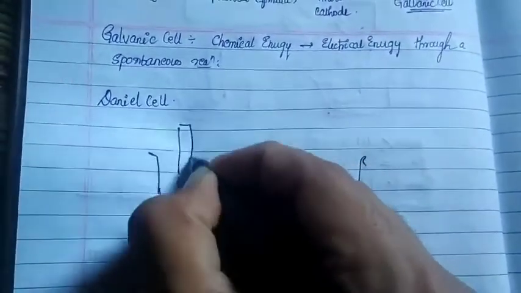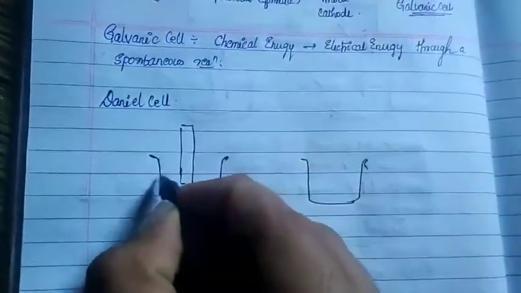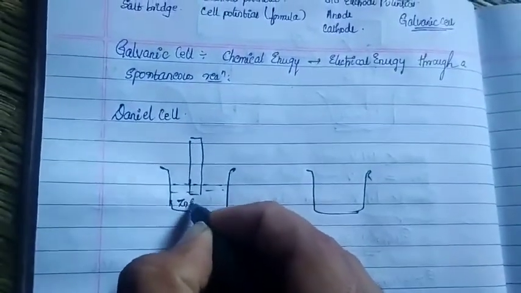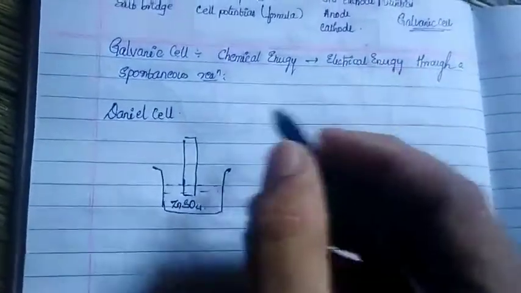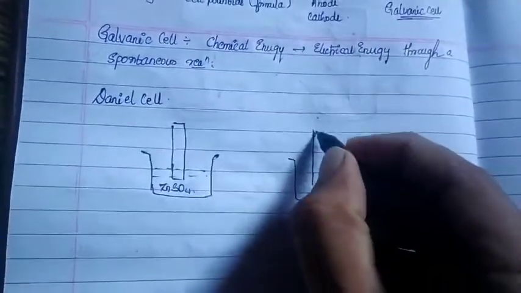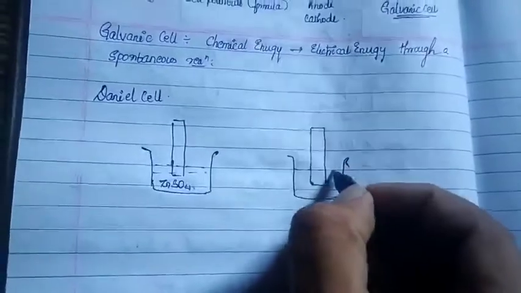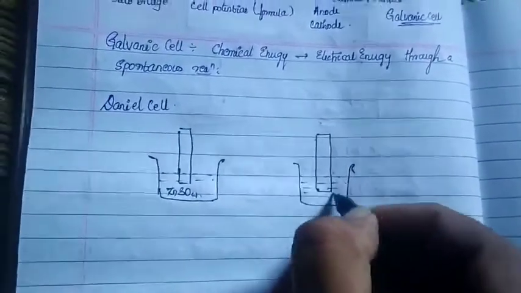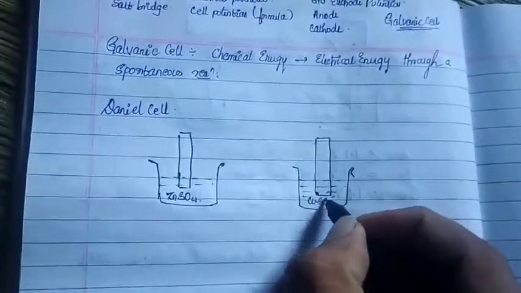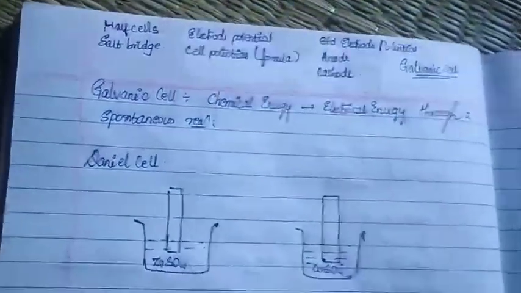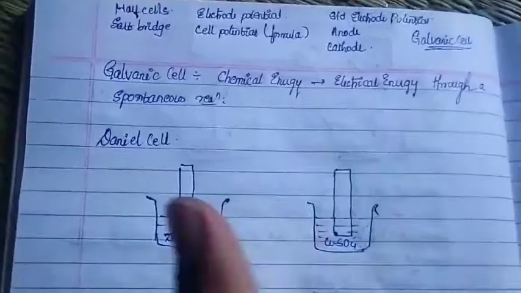In one container I have dipped my zinc electrode in my zinc sulfate solution. And in another tumbler I have taken my copper electrode which has been dipped in a copper sulfate solution. This is copper sulfate solution. Mark my words now, what I am saying, please clearly understand.